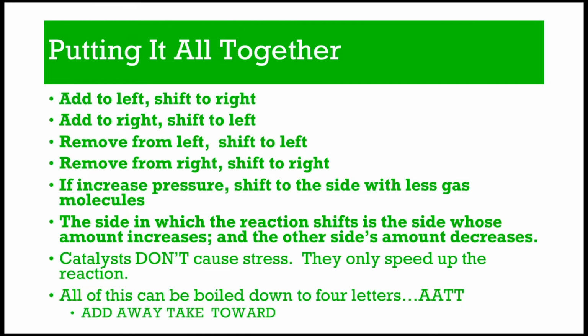Looking at the bullet points, the first one says if we're adding to the left, we shift towards the right. Break that down: we have the reaction A plus B gives C plus D. Write down left side and right side, because if you forget your lefts and rights, something I do quite often, that would be a silly reason to get a question wrong.